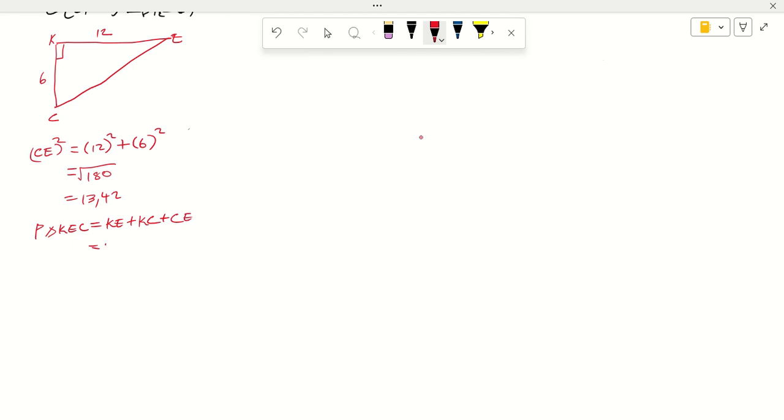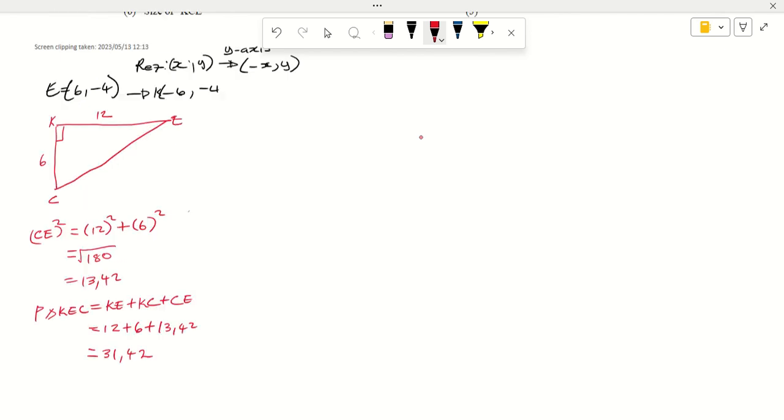And KE is 12 plus KC is 6 plus CE, which is 13,42. Are we together? So now the perimeter is going to be 31,42. So very simple.